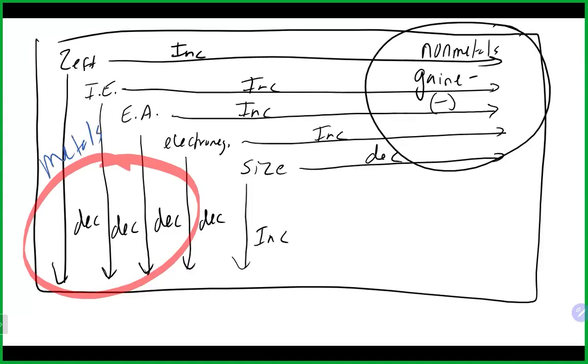As we go left and down on the periodic table, we have a bigger size atom, which means the outer electrons are further away from the nucleus. They're not held as tightly. They have very low ionization energy, which means you could just ask them really nicely and they're going to give away their electrons and not care about it. You don't need a lot of energy to do that.